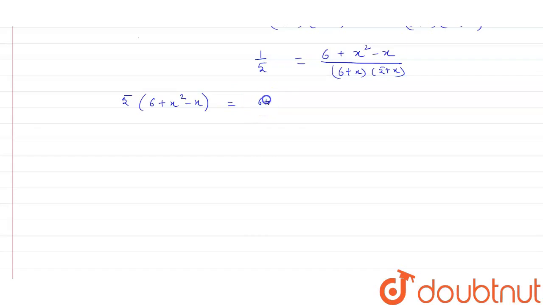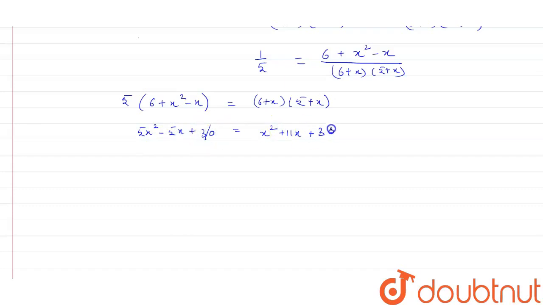We can solve this by multiplying. So this will become X squared plus 11X plus 30, and the other side will be 5X squared minus 5X plus 30.